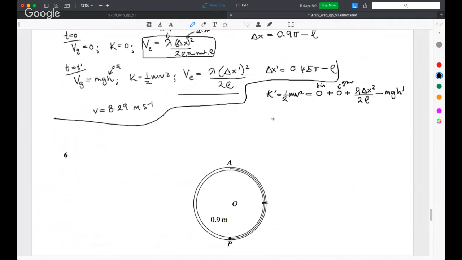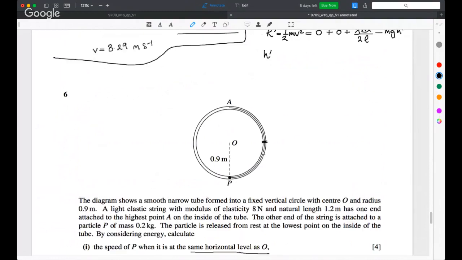So at this point, h prime is not the same as the one we had before. It's the point at which the string goes slack. Well, that means that it only extends for L.